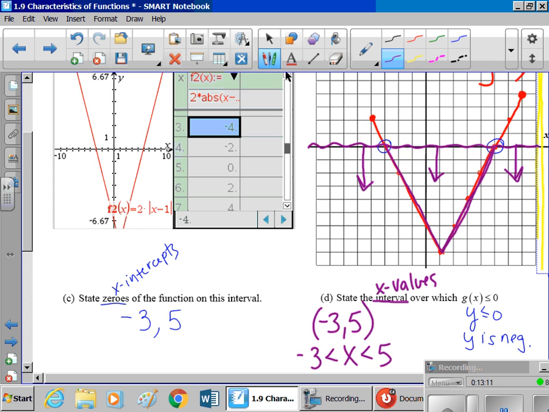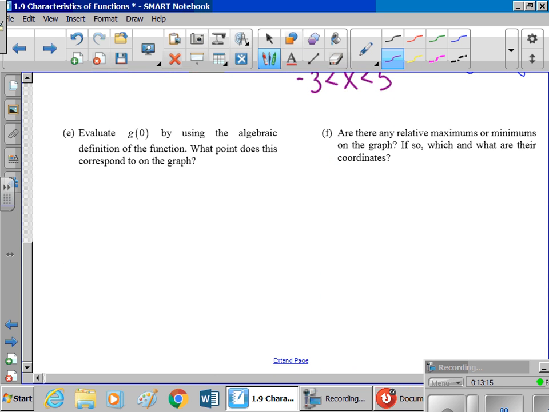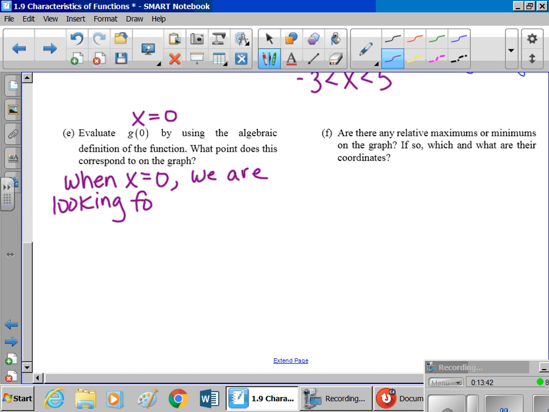Going on to E. E says evaluate g of 0 by using the algebraic definition of the function. What point does this correspond to on the graph? So x is equal to 0, and when x is equal to 0, we are looking for the y-intercept.